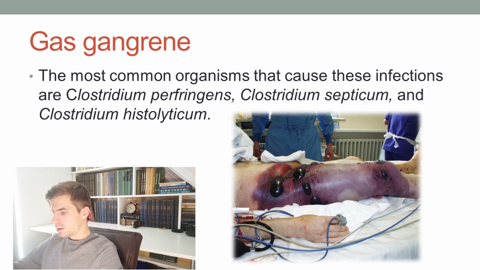And in order to make the difference between simple gangrene and gas gangrene, you can see swelling in gas gangrene. In simple gangrene, there are different mechanisms which are producing damage and death of the tissue.